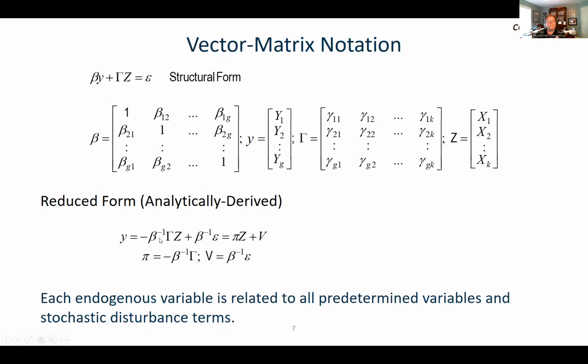And then when we multiply that by the matrix of coefficients of the explanatory variables, we get these reduced form equations, which have a special name called analytically derived reduced form equations. And I'll say more about that a little bit later on.